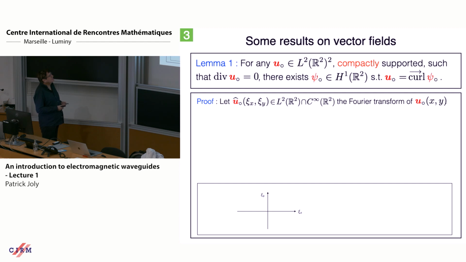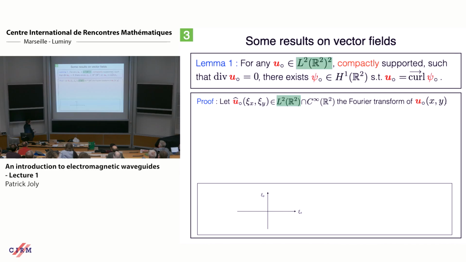You consider a function which is compactly supported, and so its Fourier transform is C infinity, of course, and in L2, because initially it's in L2.